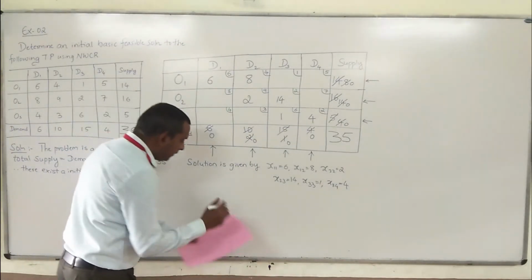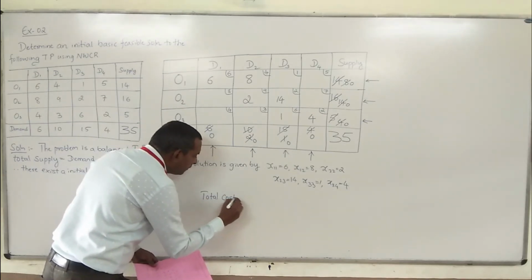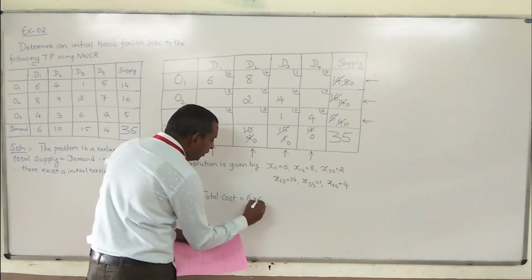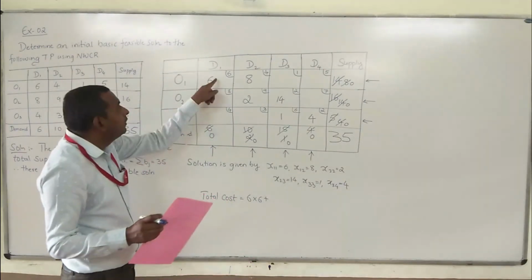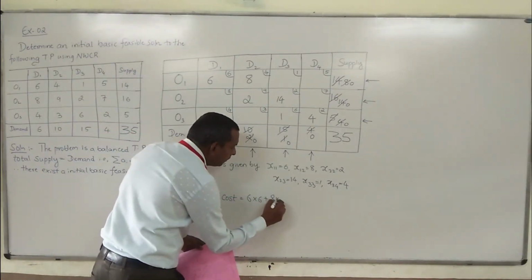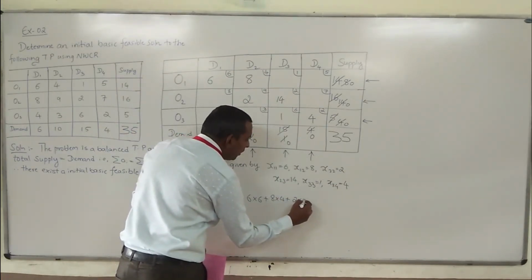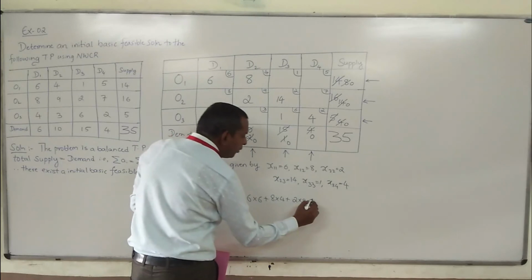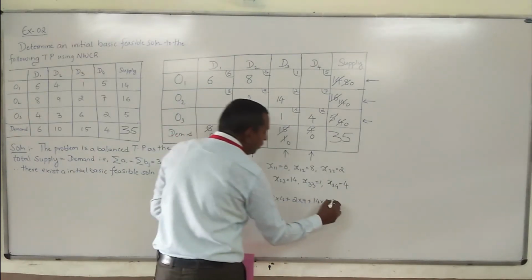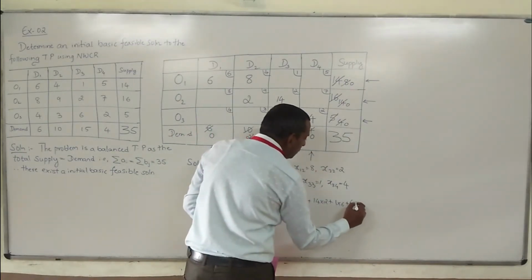So the total cost is equal to 6 into 6, that is this into this, then 8 into 4 plus 2 into 9 plus 14 into 2 plus 1 into 6 plus 4 into 2.